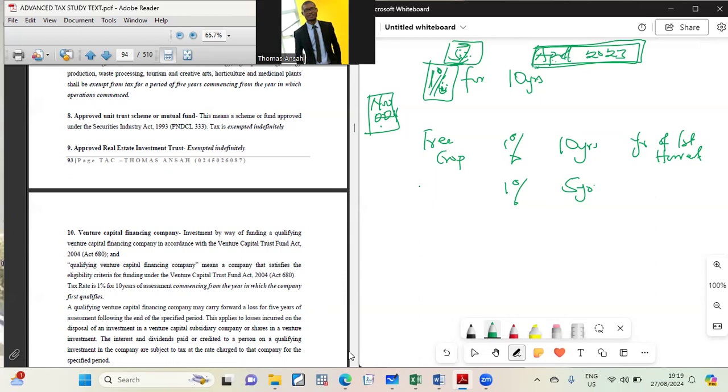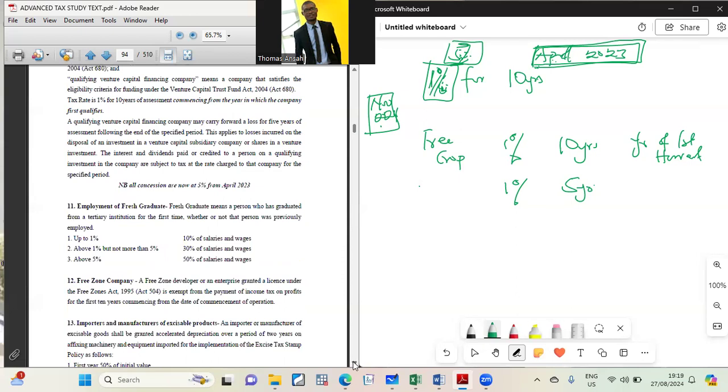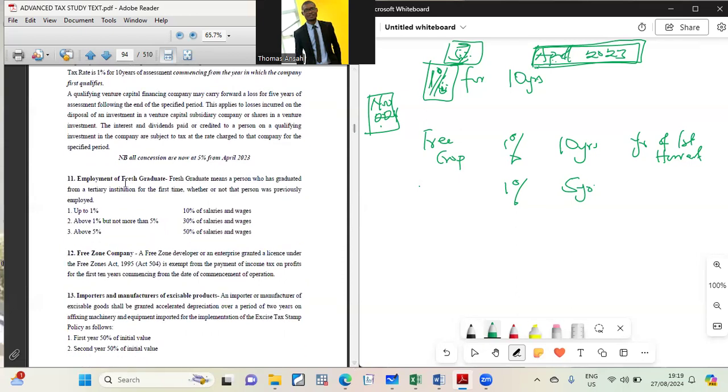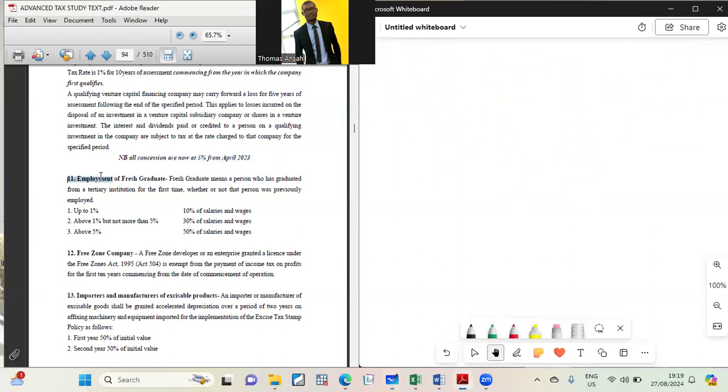All right, so basically that is that. That is point 10. Now, I said, note, all concession rates are now at 5% from April 2023. Take note of that. Then we have point 11, employment of fresh graduates.